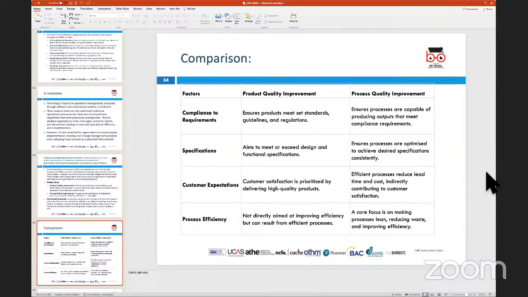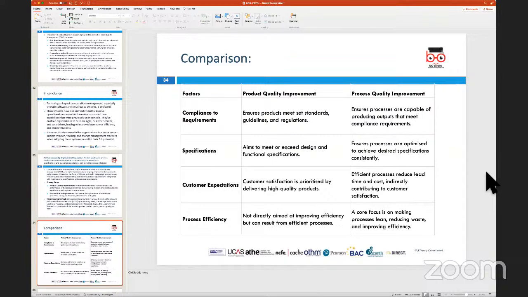Now, a table that I've drawn just as a comparison across a couple of factors, things like when we look at process quality and product quality, we are looking at compliance requirements, specifications, customer expectation, and process efficiency. And across these four parameters, you can differentiate easily what is process quality and what is product quality.